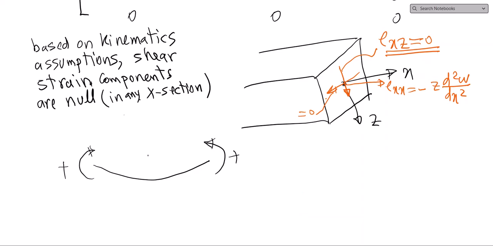So this deflection, if you like, has a curvature, which is the curvature of the radius. The curvature is d²w/dx². It's some approximation, of course, because the slope is small.